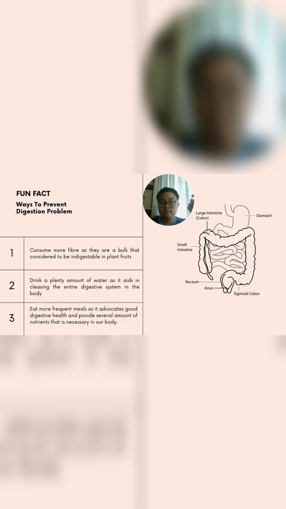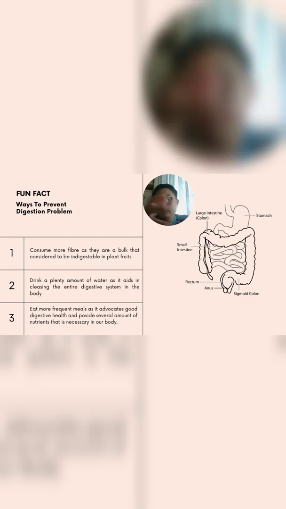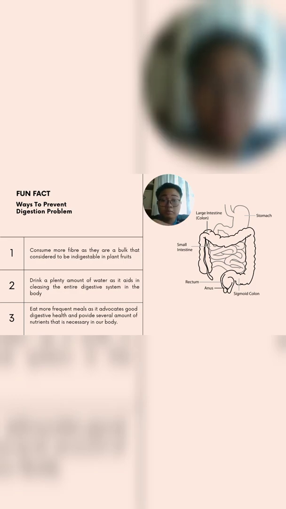Have you ever heard about digestion problems? This may look similar to constipation or stomach ache or any digestive problems that you may experience in your life. There are some ways to prevent these digestion problems from happening. Firstly, you can consume more fiber, as it is a bulk that is considered indigestible in plant fruits, such as banana and legumes.